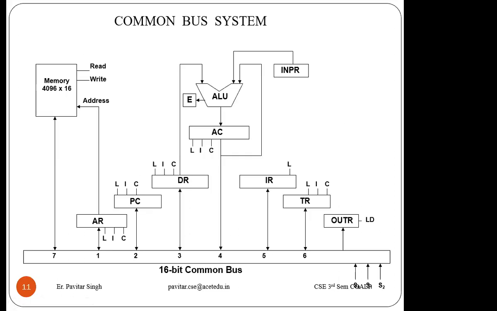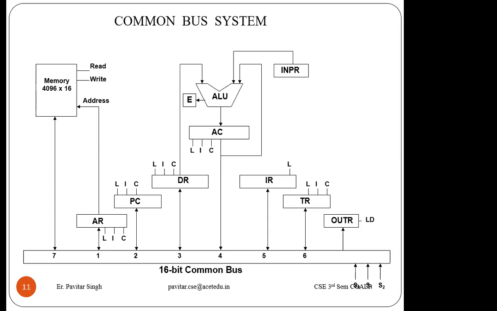How will the contents of AC be placed onto the data register? The number written alongside AC is 100. So S2, S1 and S0 is having 100. By writing 100 in the selection lines, accumulator will be writing the data onto the bus.